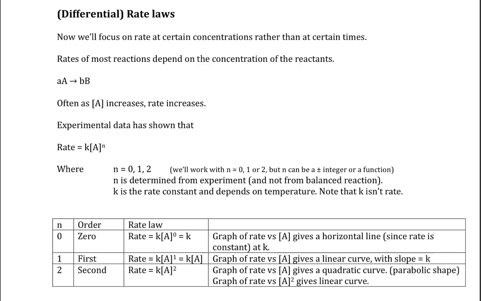For a second order reaction, we have rate equals k[A] squared, and a graph of rate versus [A] gives a quadratic curve, a curved curve. And if we wanted a linear graph, we would have to make a graph of rate versus [A] squared.